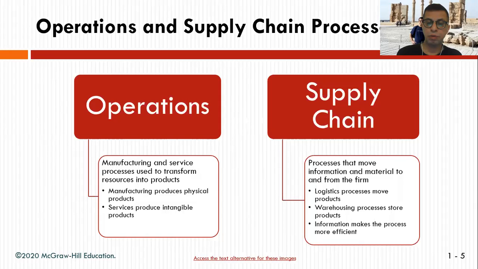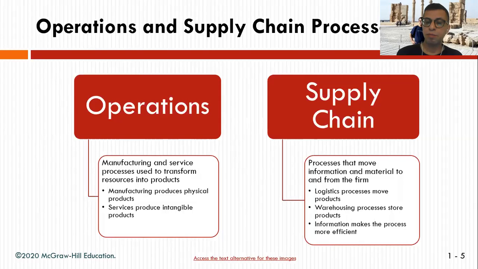Manufacturing produces a physical product, and then you get the service product, which is the intangible product. They both have certain specifications that we need to take into consideration when operating in a factory or a company in order to improve the business.